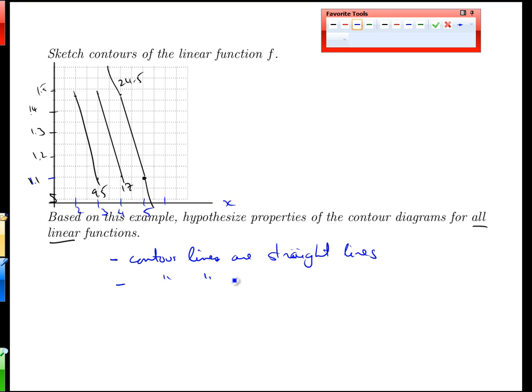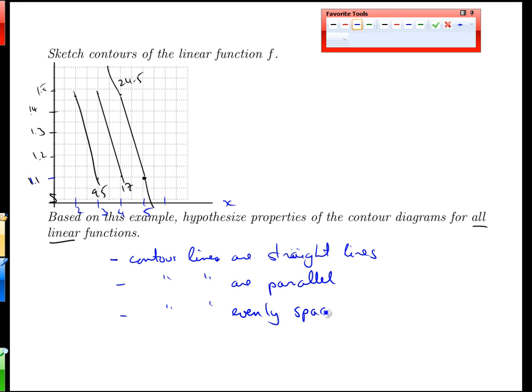Those contour lines are all going to be parallel with one another. And as we see the parallel, I can imagine there'd be another one after that, and they're evenly spaced.